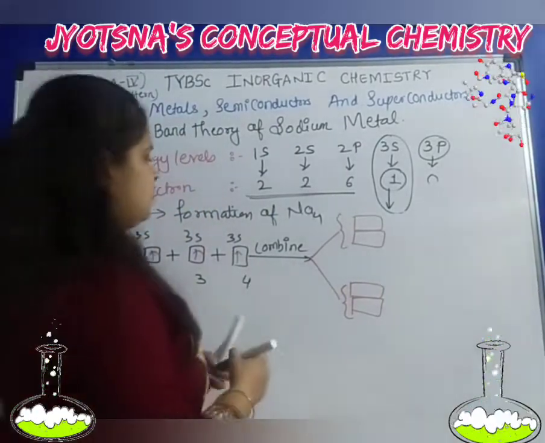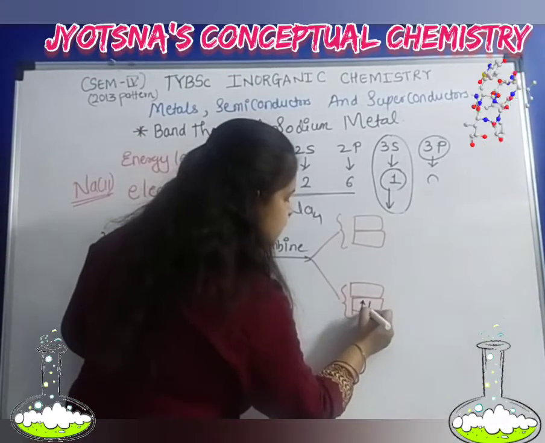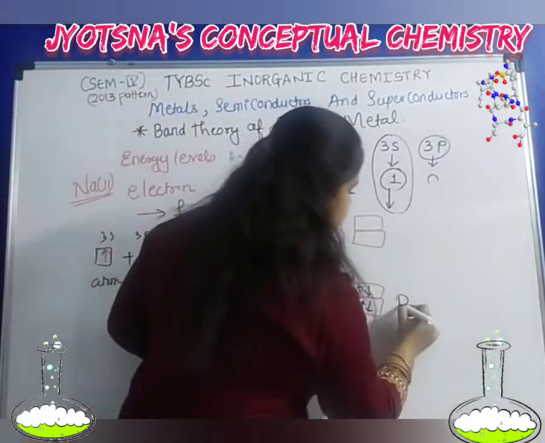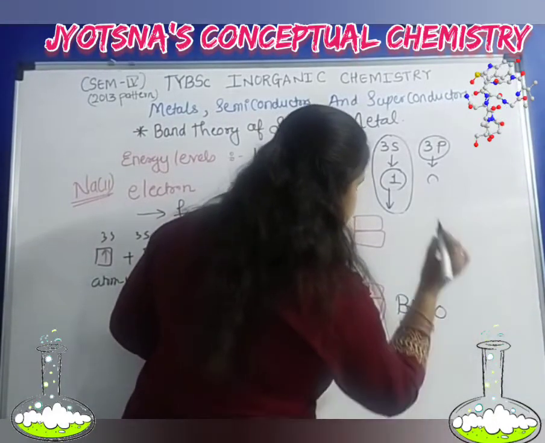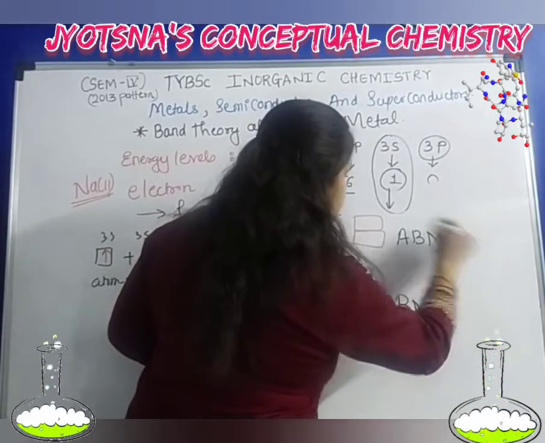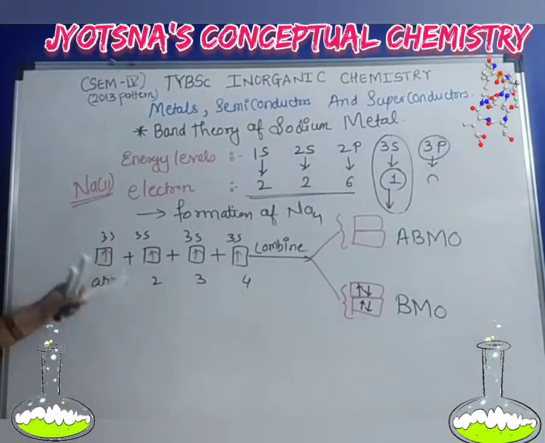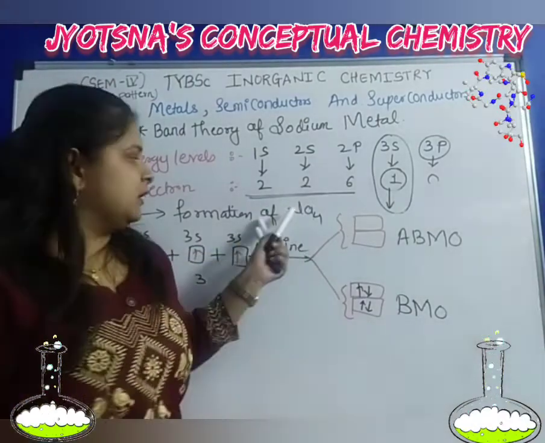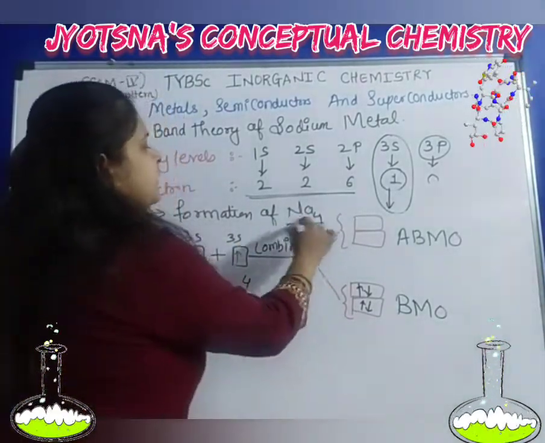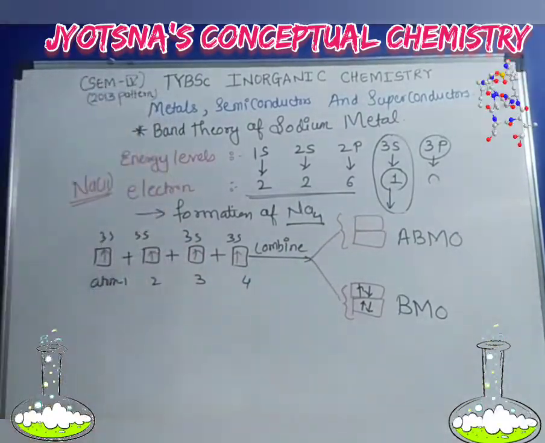Okay, so 1, 2, 3, 4. This is the bonding molecular orbital and this is the anti-bonding molecular orbital. Got it? In this way, we can draw Na4. Yes, sodium 4, Na4. Write it.